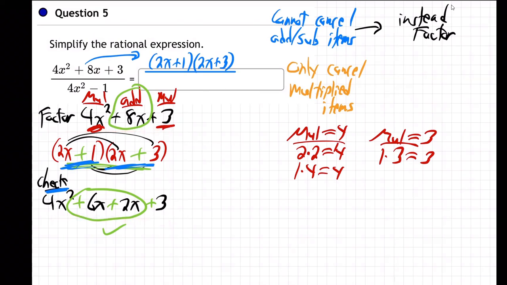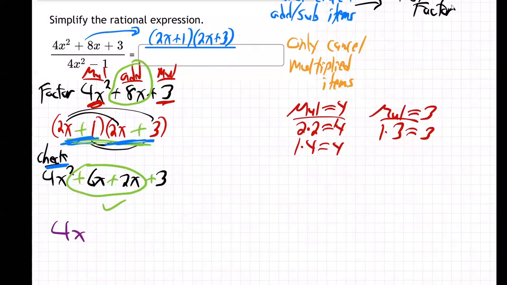Okay. Now, how about the bottom? 4x squared minus 1. How does that factor? Well, we're missing the middle term.